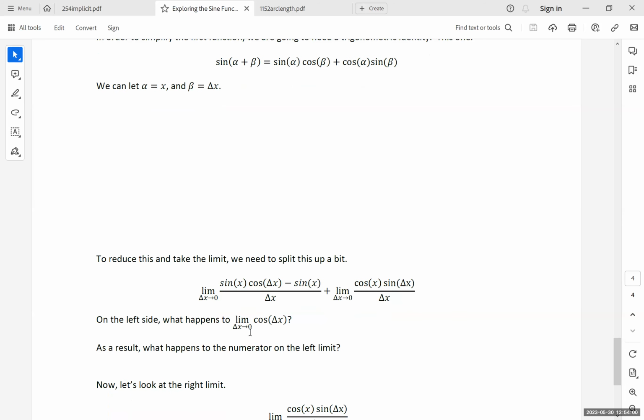Now, on the left side, what happens to the cosine of delta x as delta x goes to 0? Well, it goes to 1. And so what happens in this numerator is that you get sine x minus sine x. You can, in fact, factor it out.